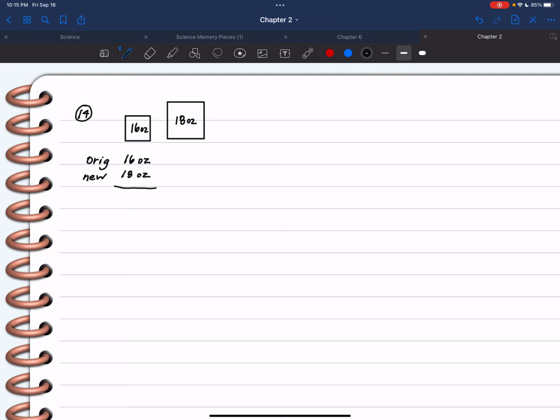So that is an increase of 2 ounces. It's increasing 2 ounces. So here comes the proportion that will solve the problem. And we're going to put the part that increased over the original. So 200 divided by 16 is 12.5%, and that is positive because it's an increase. So I like answer C for this one.